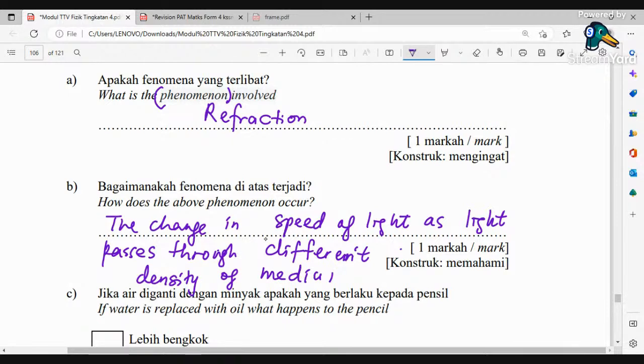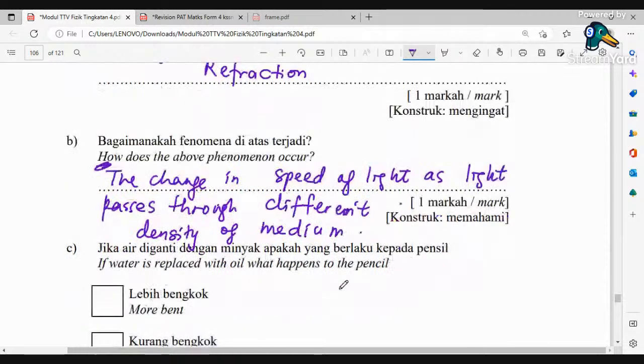Okay. Itu ialah how, explain how, bagaimana.